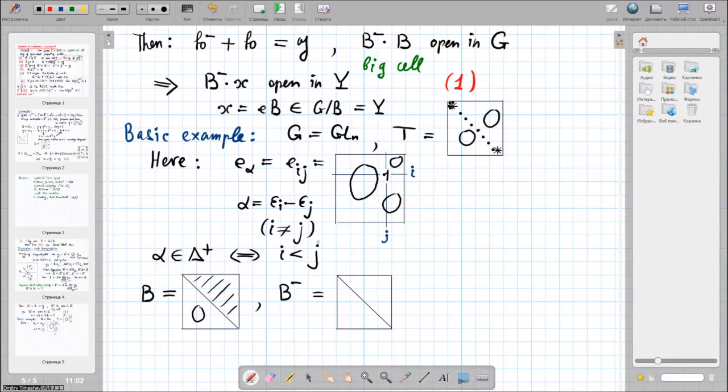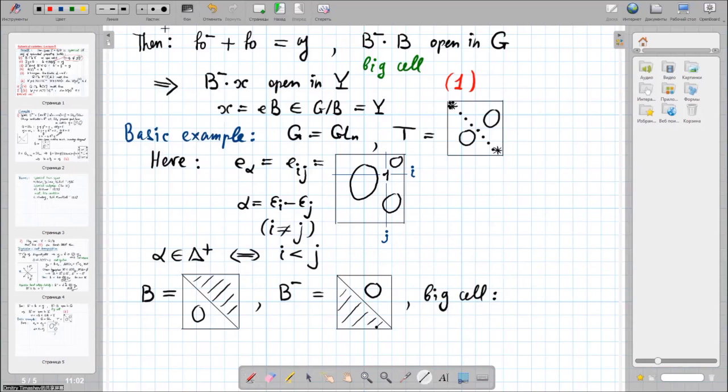So we have zeros here and something on the diagonal and below. And the big cell in this case consists of the matrices in GLN.